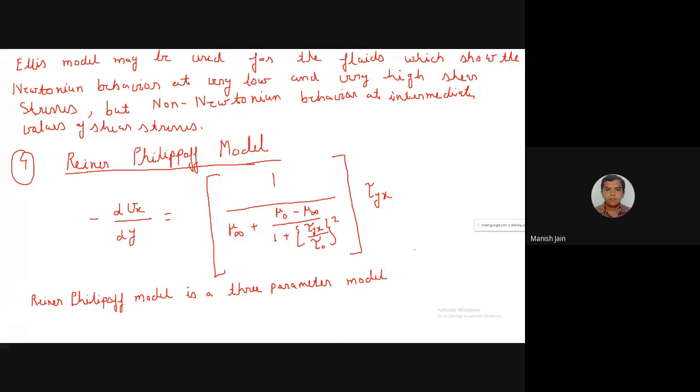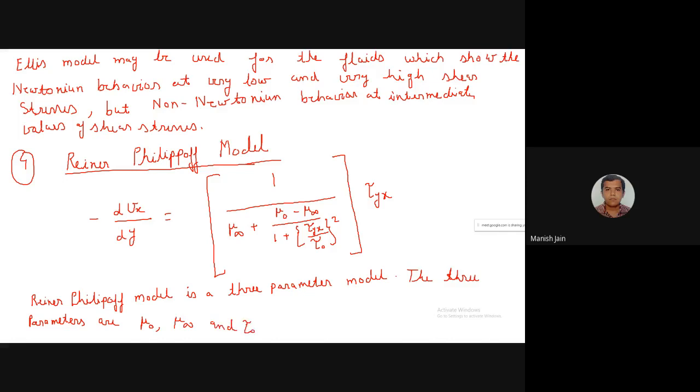The 3 parameters are mu naught, mu infinite, and tau naught.